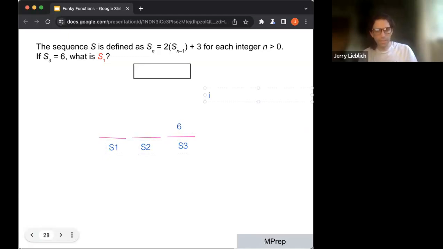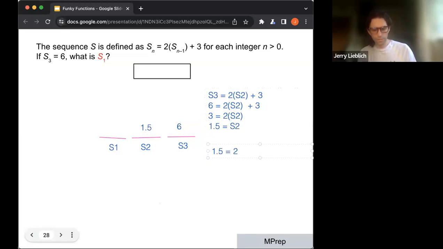So S3 is equal to 2S2 plus 3. Let's use that and solve for S2. Subtract 3 from both sides and divide by 2. And then do it again.